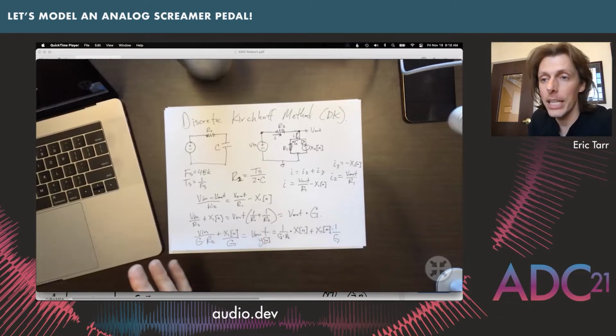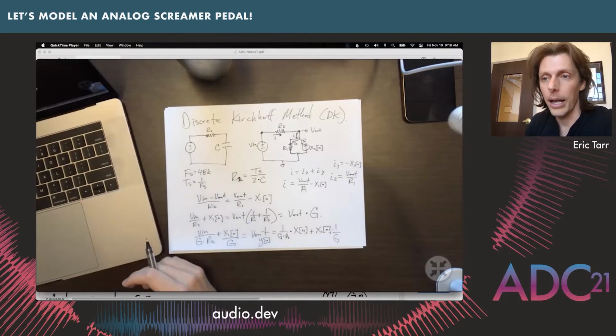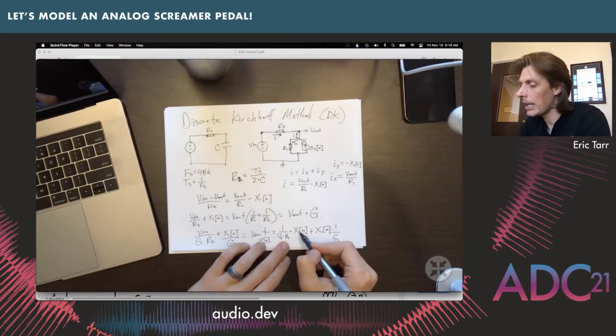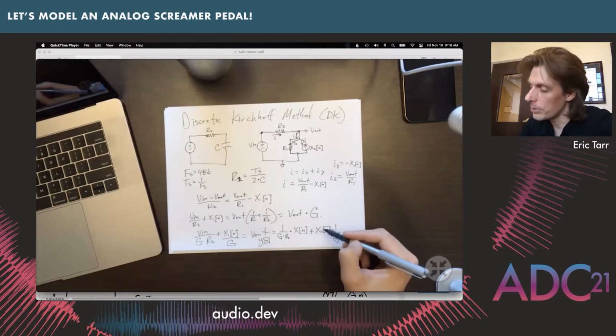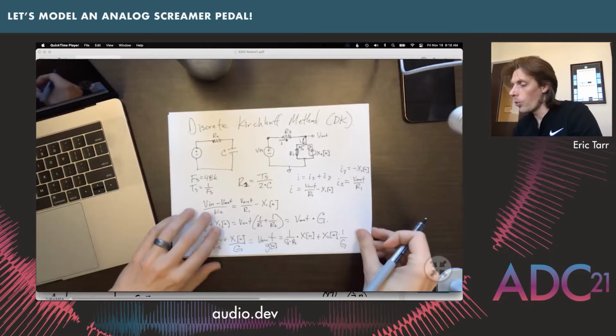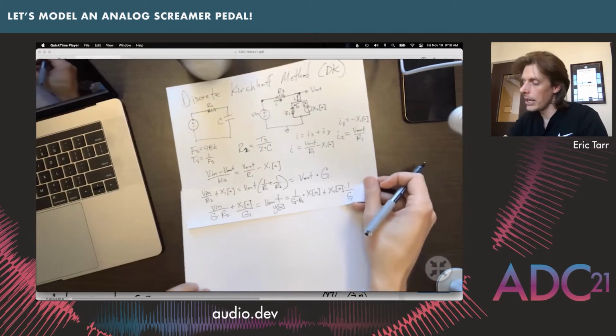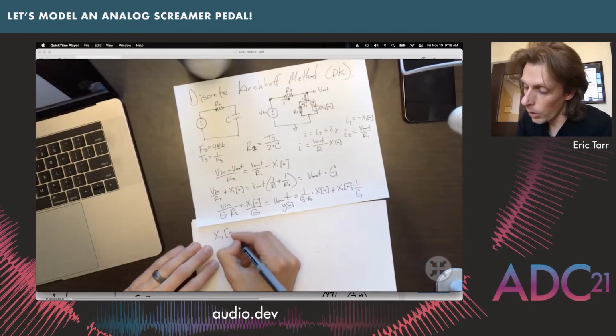Now, the thing we have to be careful about here is how we update the state from one sample to the next one, because it's not a simple delay like it would be where you take X in and apply it and save it as X of 1. There's a specific state update equation that's used as part of the decay method, where you calculate the next sample, X of 1 at n plus 1.